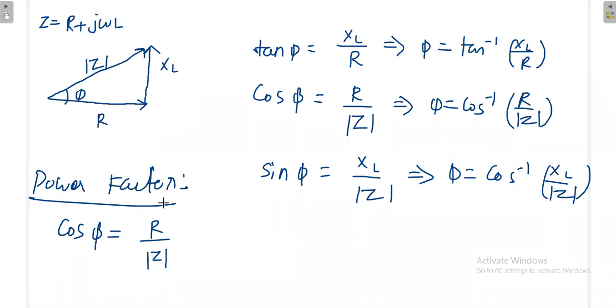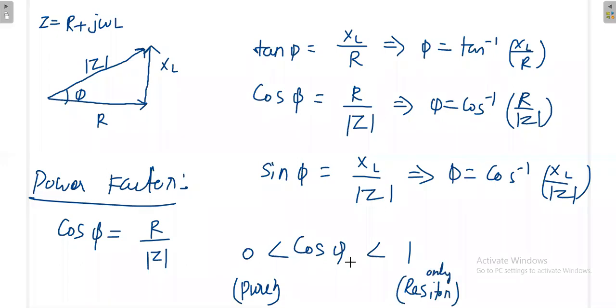Otherwise your power factor will be in between 0 and 1. 0 means pure inductor or capacitor. 1 means only resistor. In between means a combination: an inductor along with a capacitor, or an inductor along with a capacitor and a resistor, or an inductor along with a resistor. Then you will get a value in between.